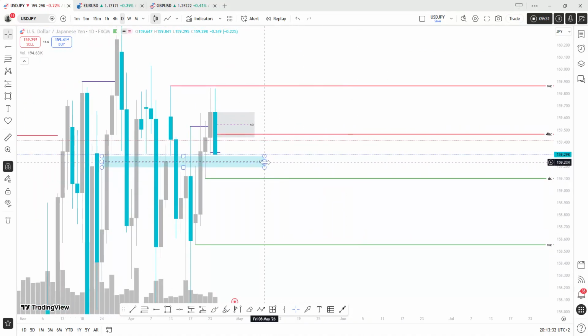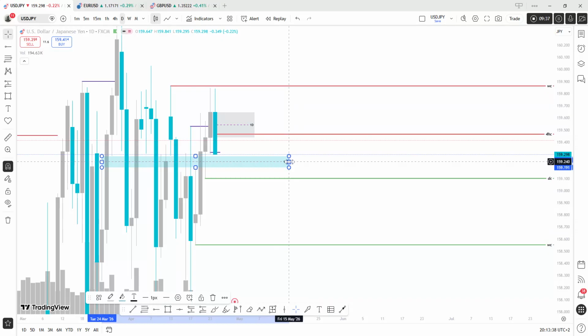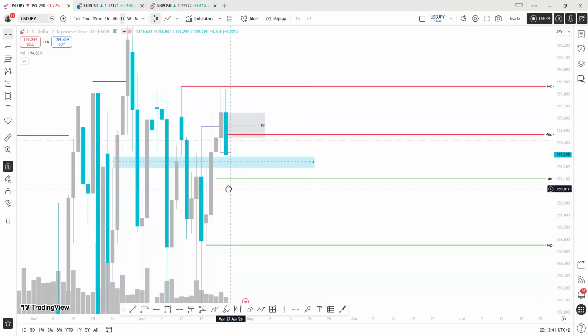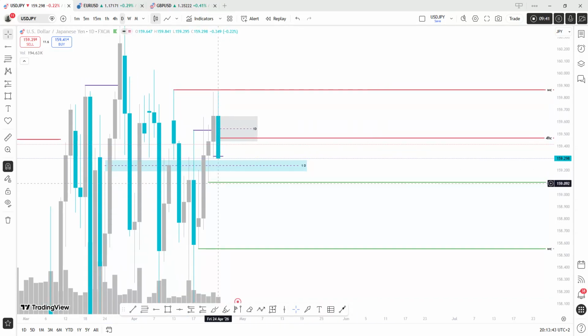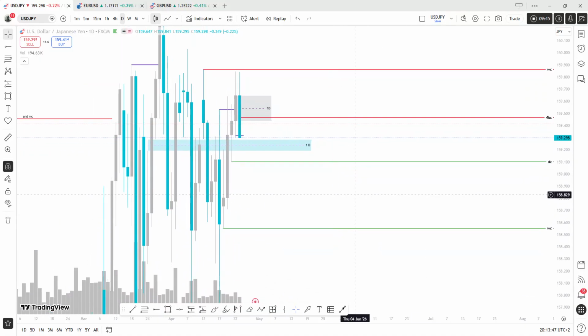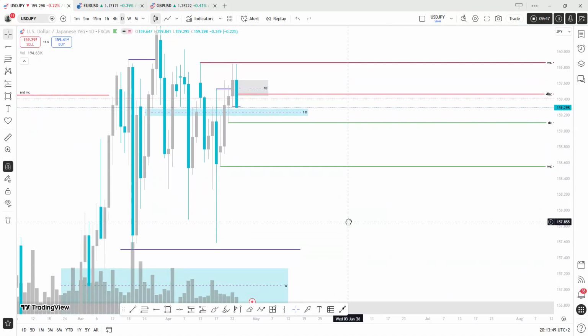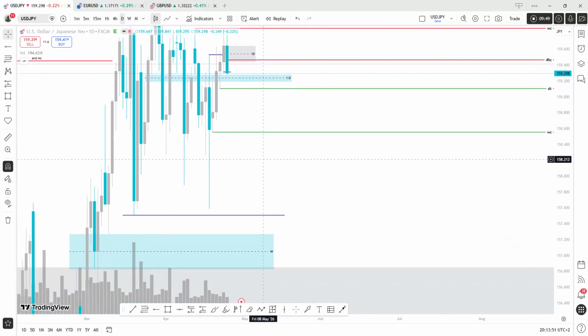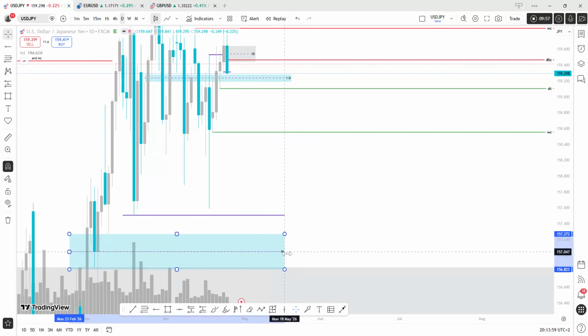But I may change my mind around those levels, around this level, and then ultimately around this level. If I will not change my mind around those levels, I would target this imbalance down here, all the way down here.